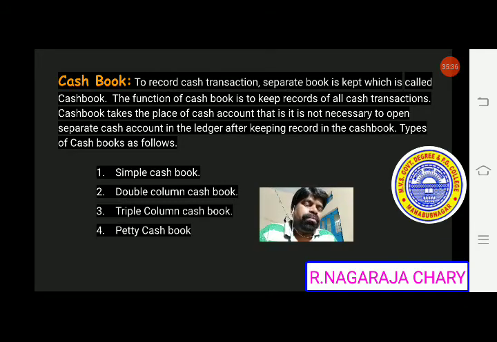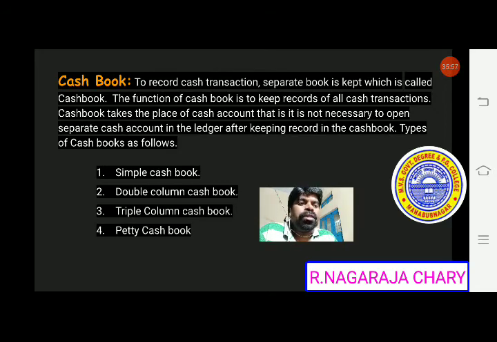Of course, sometimes when we are preparing a bank reconciliation statement, we may say the cash book consists of a credit balance also, but generally we can say the cash book consists of a debit balance, because all the cash receipts are recorded on the debit side.